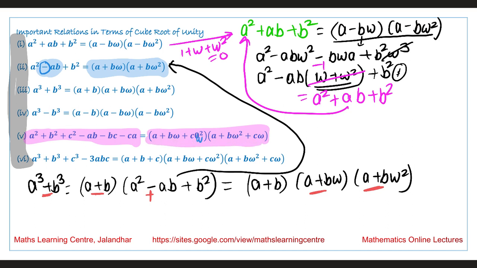And the last formula we have over here is a cube plus b cube plus c cube minus 3abc, which we can write as a plus b plus c into a plus b omega plus c omega square into a plus b omega square plus c omega. If you multiply these terms, you will obtain the answer a cube plus b cube plus c cube minus 3abc.